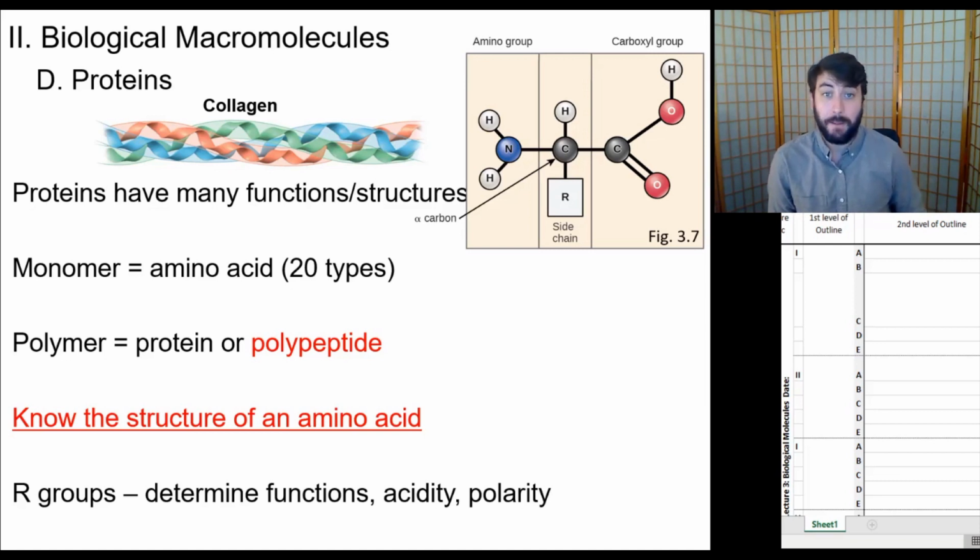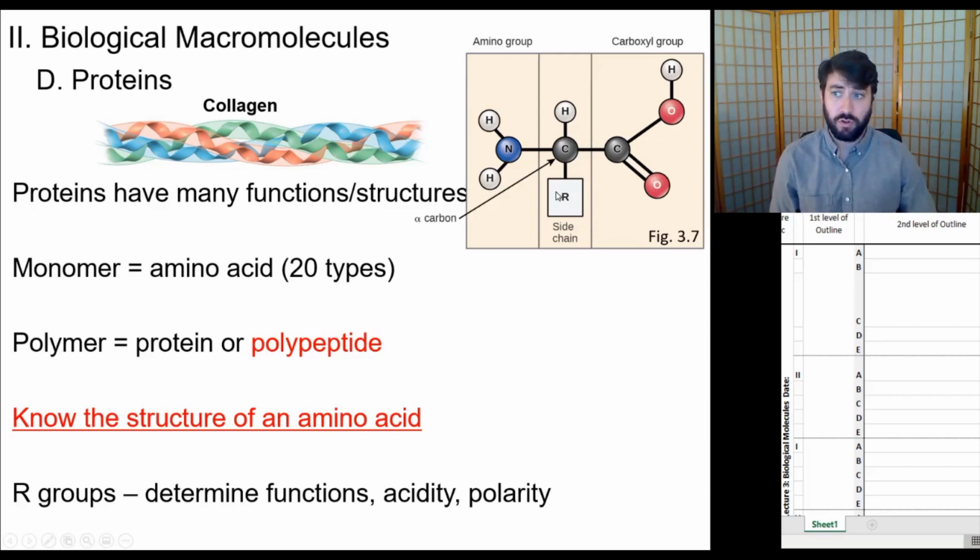Now, a protein monomer, as we've talked about already, is an amino acid, and it's composed of an amino group and a carboxyl group on either side of an alpha carbon.